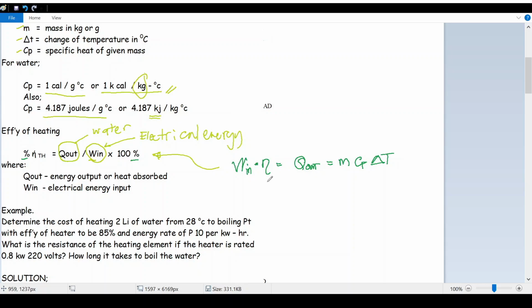In this case, if your efficiency is 100% or 1, then energy out is simply also the energy in.